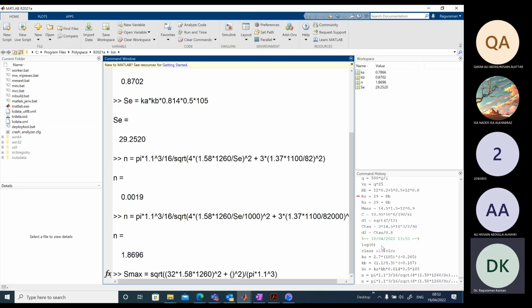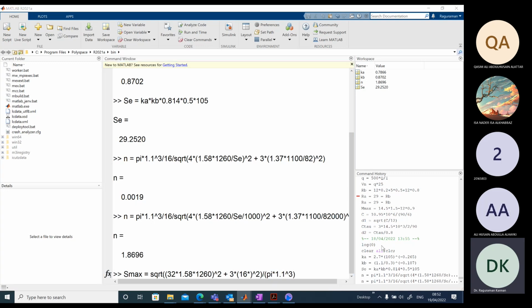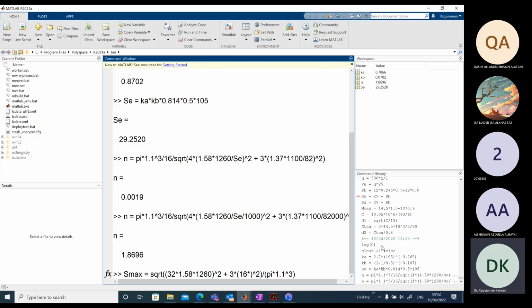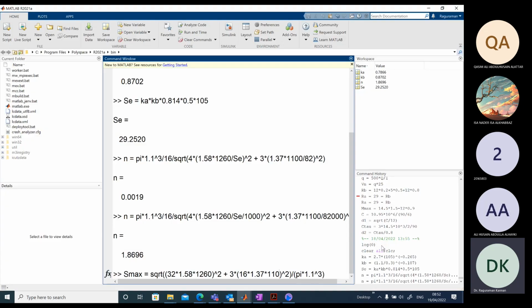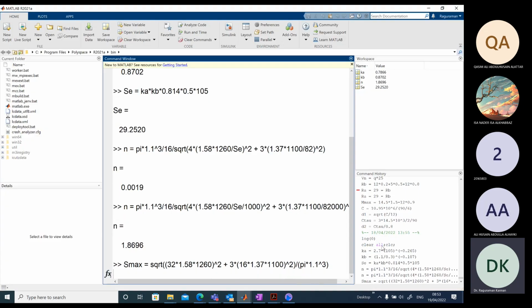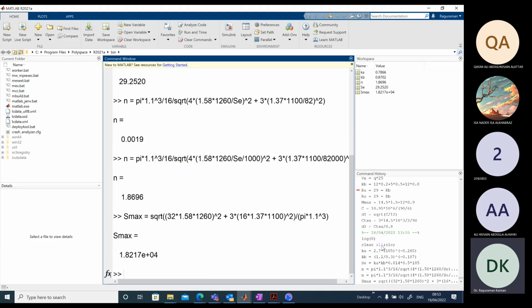Here we have 3 times 16 times 1.37 times 1100. So this is your S max.